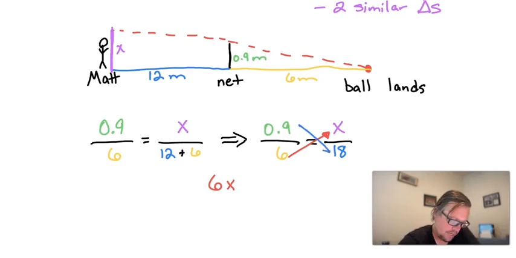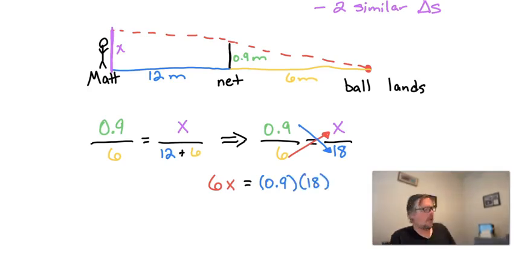We'll do 0.9 times 18 in blue. You could do 0.9 times 18 on a calculator if you like. I don't have a calculator handy, so I'm just going to leave it as 0.9 times 18 for now.